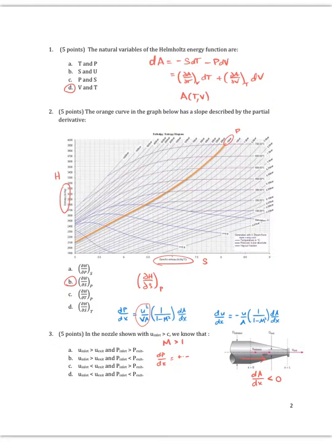And dA/dx is negative, so I have a positive times a negative times a negative, which means that I will have a positive answer. So P exit will be greater than P inlet.